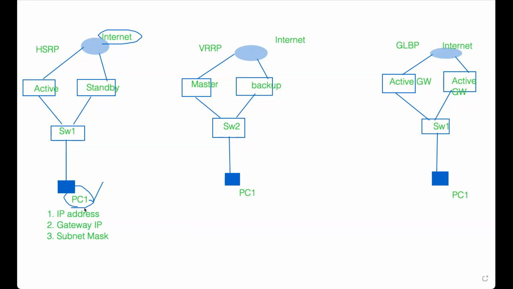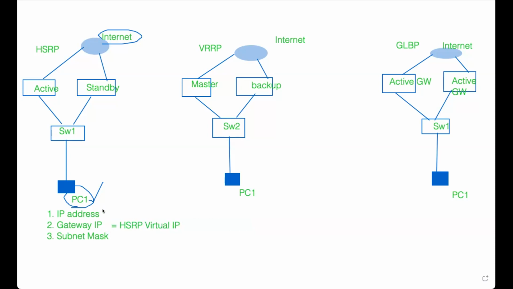In this case, I want to configure my gateway IP as the HSRP virtual IP.